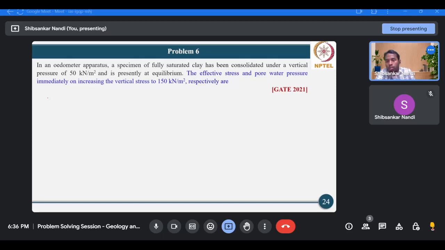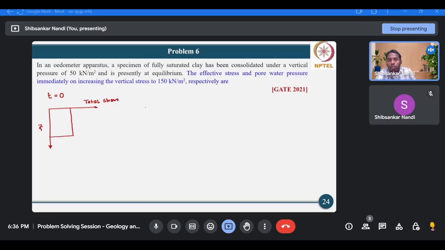So for example, when t equals 0, if you try to draw the variation with depth, that is z, this is your total stress. So it's suppose a constant value.